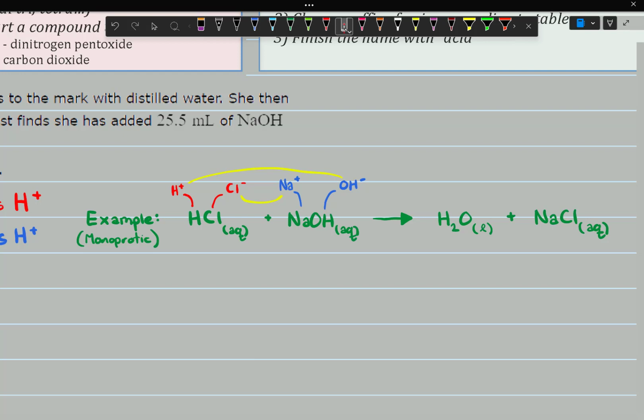And what happens is that the original sodium hydroxide, since this is a base, will accept this hydrogen. The OH will accept the hydrogen ion, and so that will combine to form water, and our anion and cation will combine together and form NaCl, which we know is table salt.